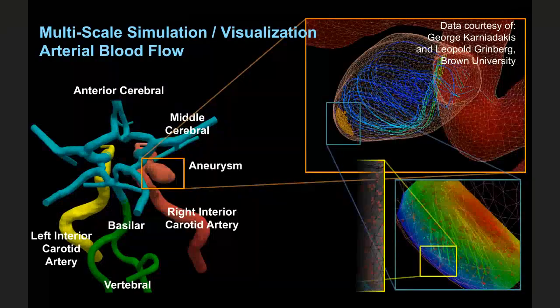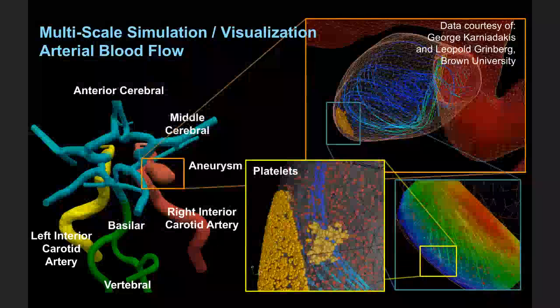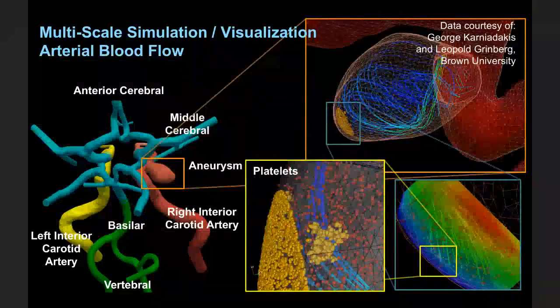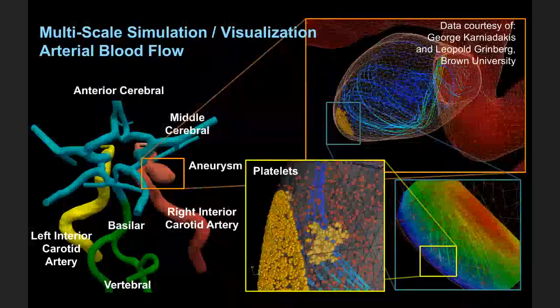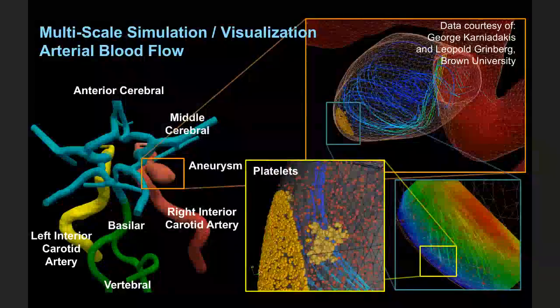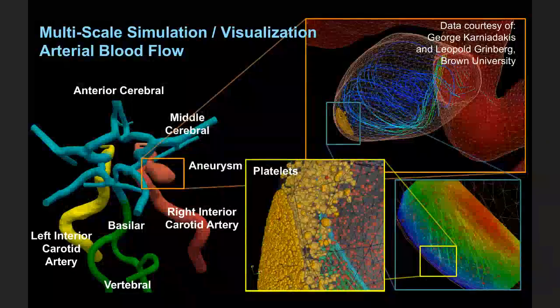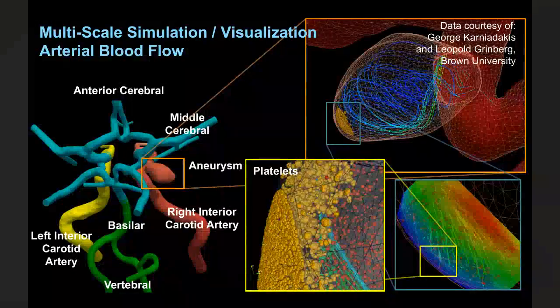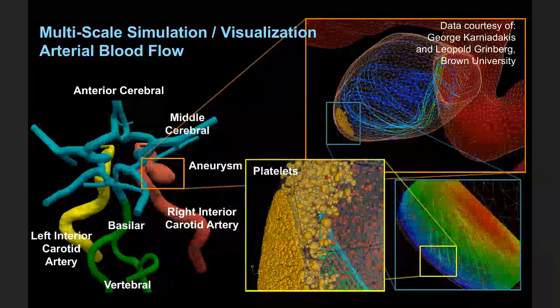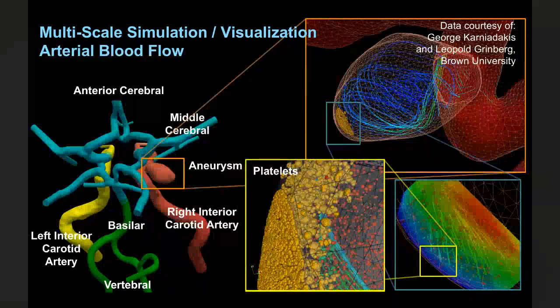And in particular, how the blood platelets aggregate on the wall of this aneurysm, a weakness in the wall that could potentially cause the aneurysm to rupture, or a chunk of this blood clot essentially to break free and cause an obstruction downstream in the flow.